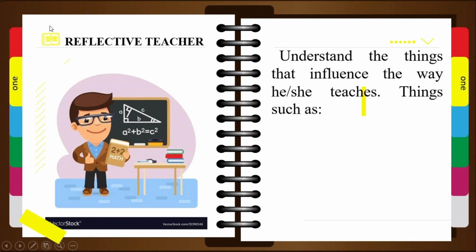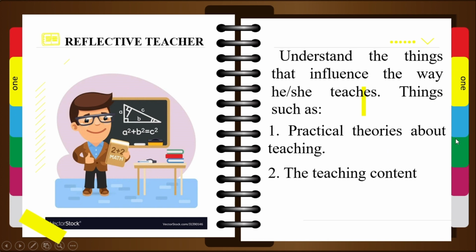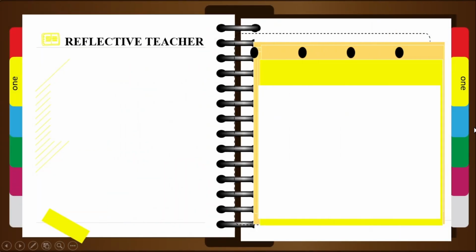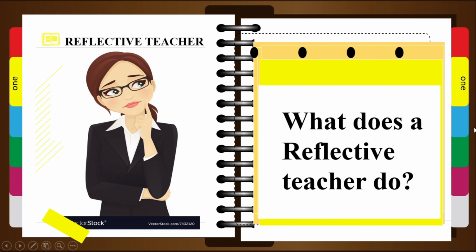A reflective teacher understands the things that influence the way he or she teaches, things such as practical theories about teaching, the teaching content, and knowledge, attitudes, and values. So what does a reflective teacher do?